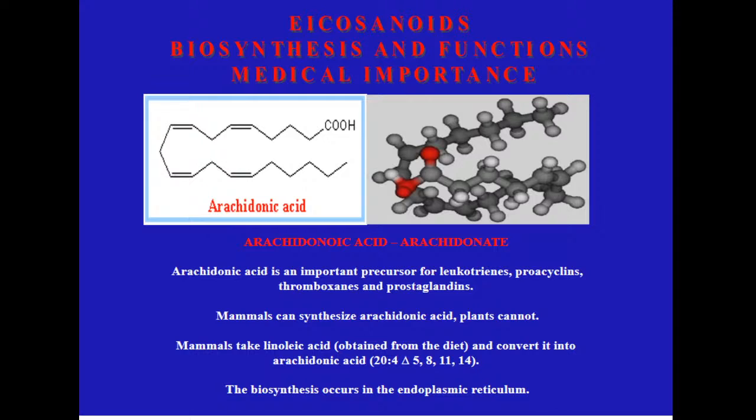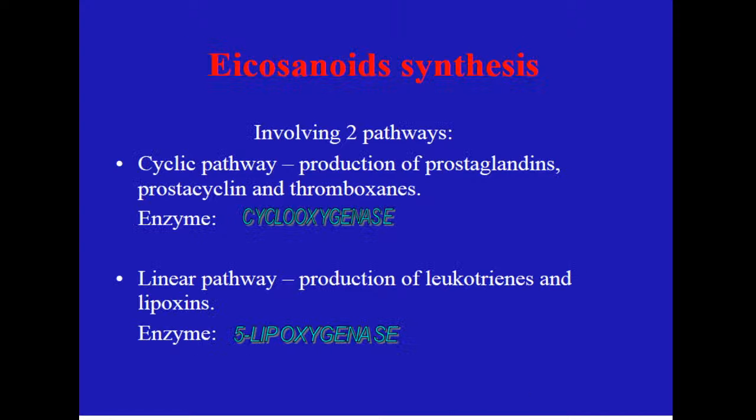The biosynthesis of eicosanoids is done in the endoplasmic reticulum, with the participation of enzymes of microsomal oxidation. There are two pathways of eicosanoid synthesis, the so-called cyclooxygenase way and lipooxygenase way.